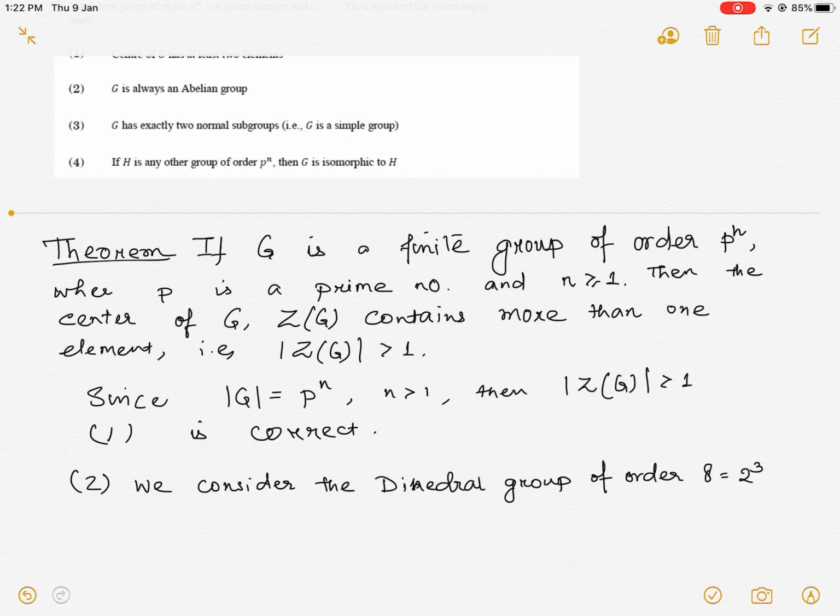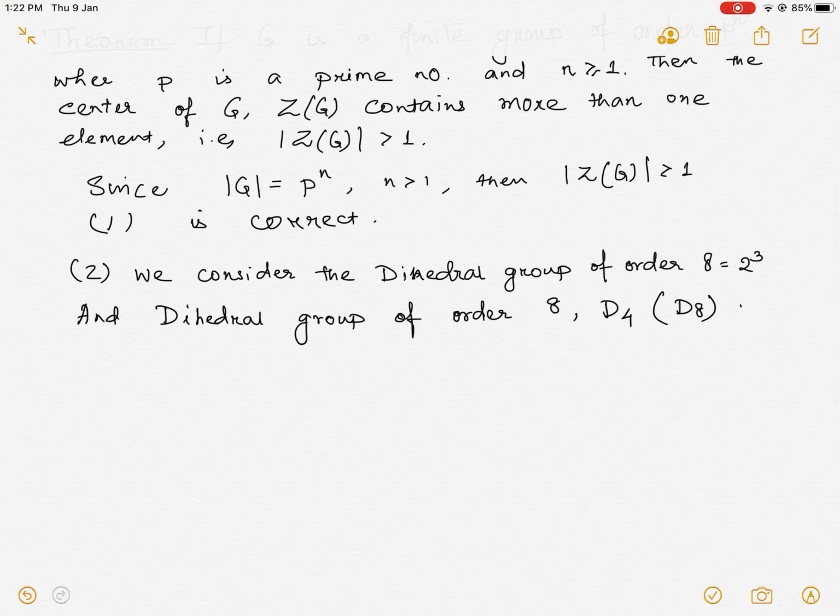And the dihedral group of order 8, which is denoted by D4 or sometimes D8, is the group of symmetries of a square.